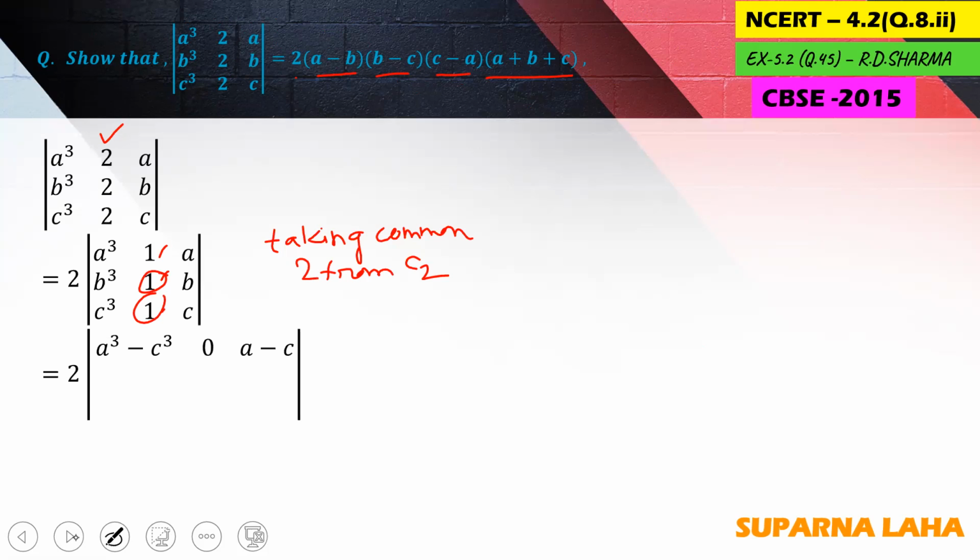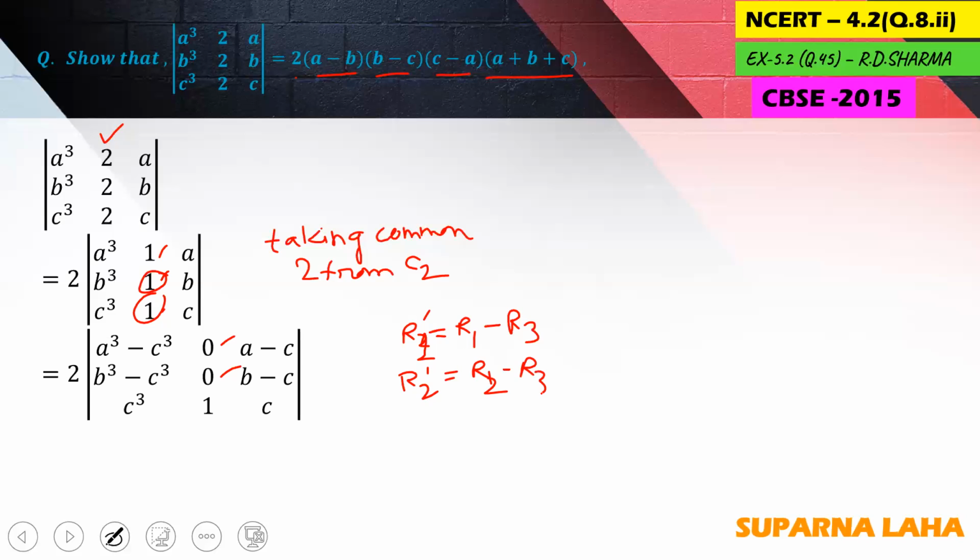That means row 2 dash is given by this, or you can make this element and this element 0, whatever you want to show. Here I am taking the first and second element. R1 dash is given by R1 minus R3 and R2 dash is given by R2 minus R3. So apply these two operations.